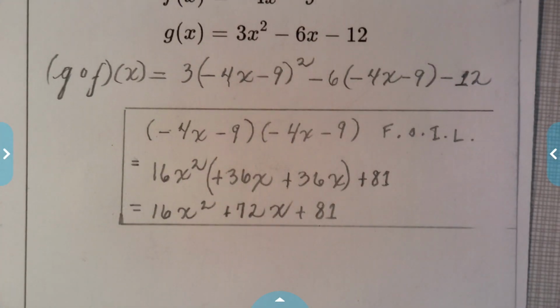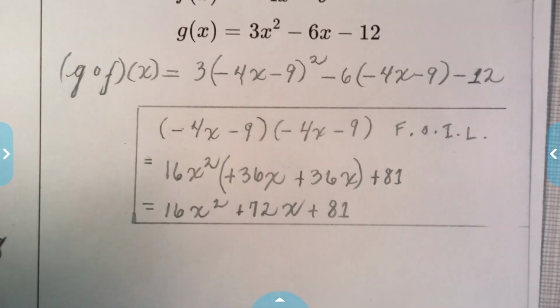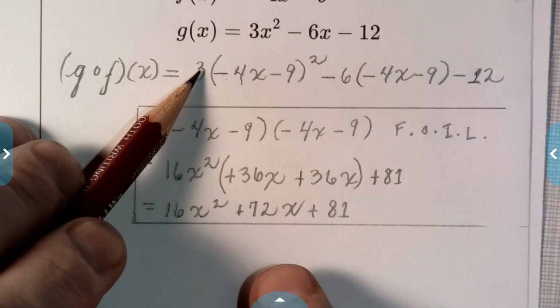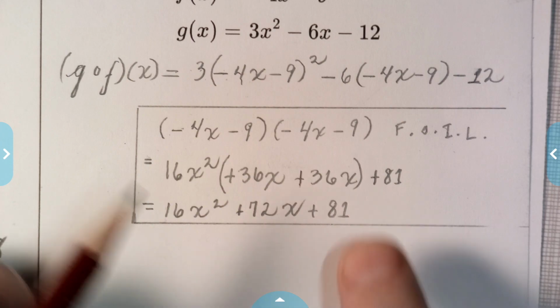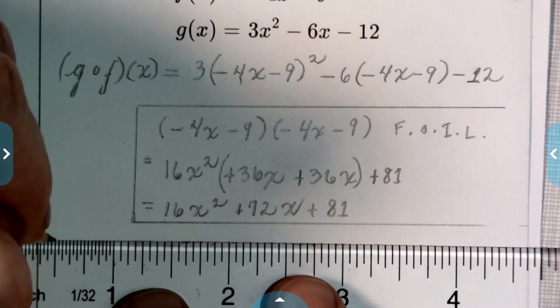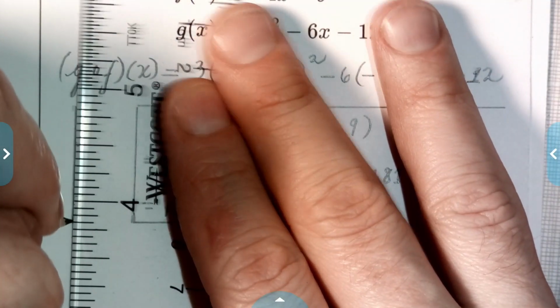So now when we come back down, we will just stick that into where this was. Okay, so we've squared it, so it's just going to be 3 times, and then we'll put this in parentheses. So we're going to bring down this here.